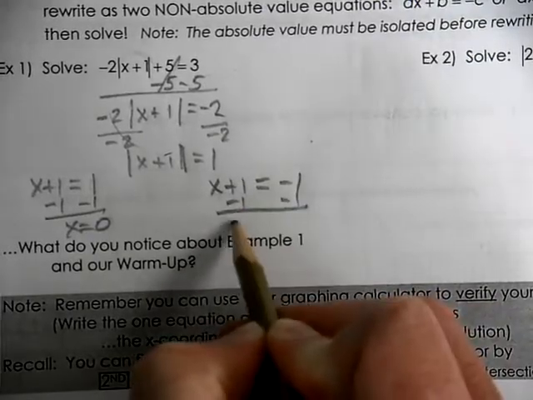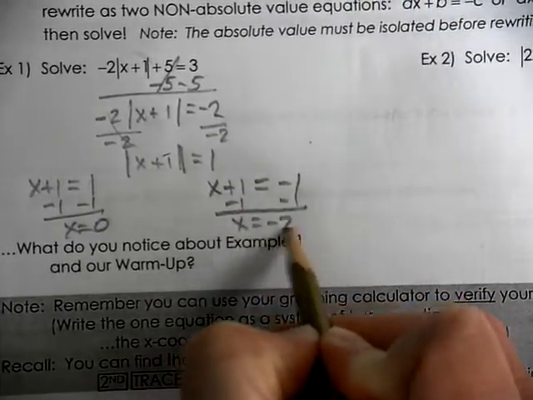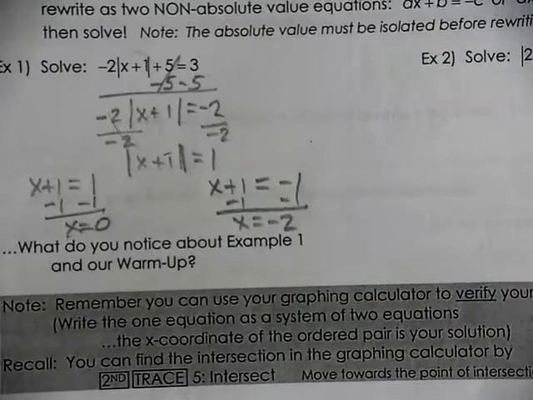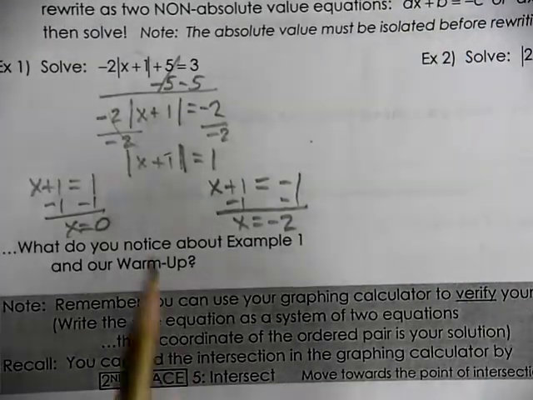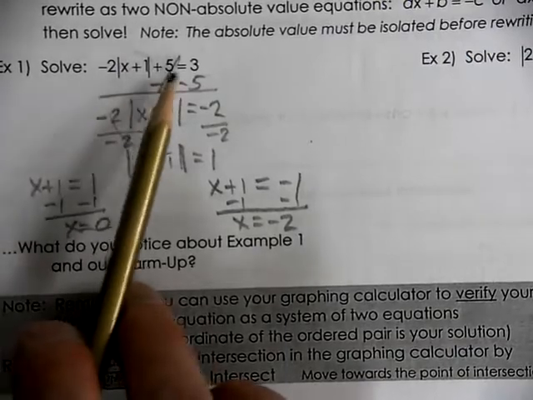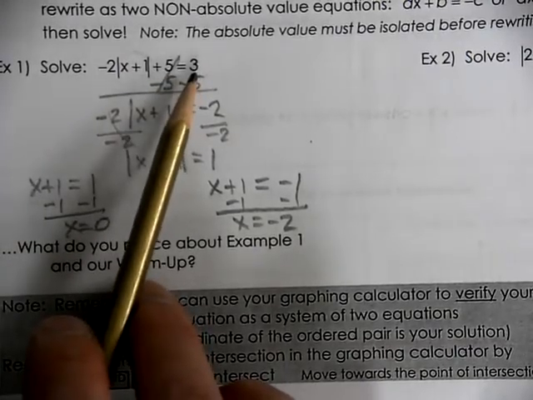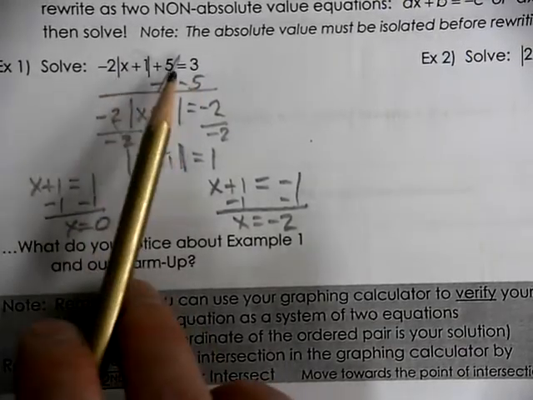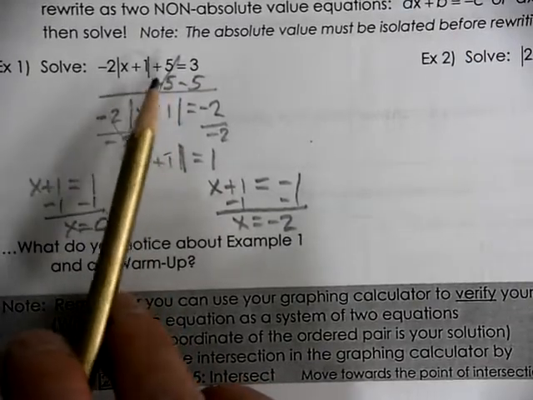When we subtract the 1, we get x equals -2. So we have two possible values of x that we can plug into this equation that is going to produce a 3.